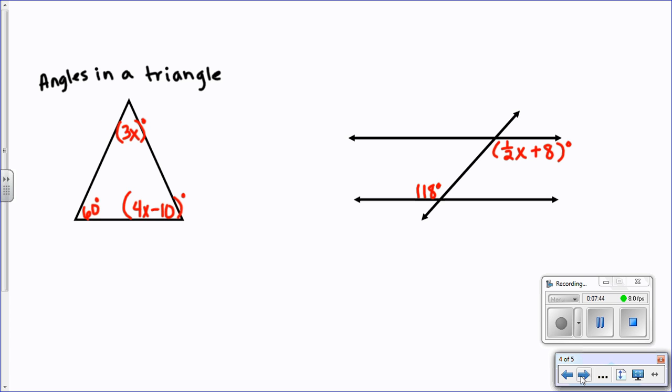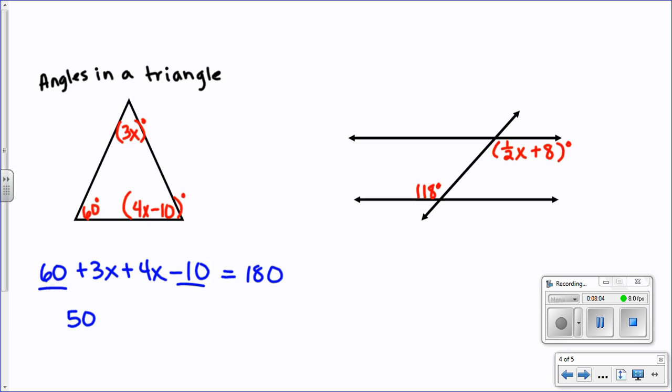So I'm going to add 60 plus 3x plus 4x minus 10 equals 180. Okay, I have like terms, I have 60 and negative 10. So if I combine those, I get 50. And then I also have 3x and 4x. If I combine those, I get 7x.